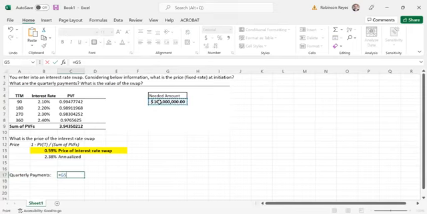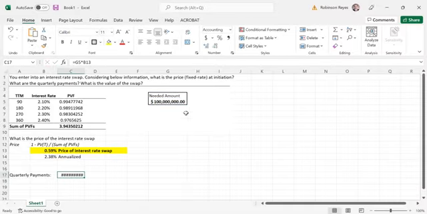Well, we're exchanging $100 million. And then we're going to multiply, and we can do it the long way or the short way. We can simply multiply this by the price of interest rate swap quarterly. And there we go. I mean, that's the quarterly payment. It's quite straightforward, right?